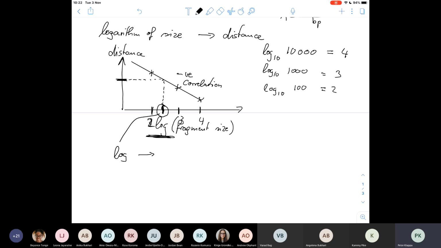How do I convert the log into base pairs? What do I need to do? To get rid of the log, let's say if it is log to the base of 10, for base 10, we always do base to the power of.